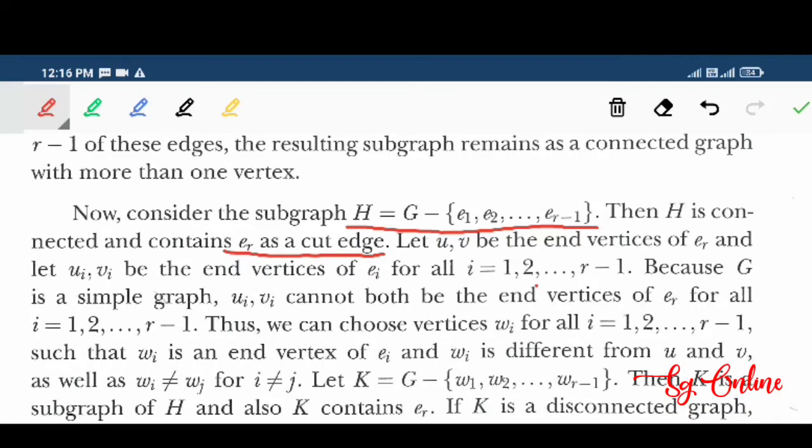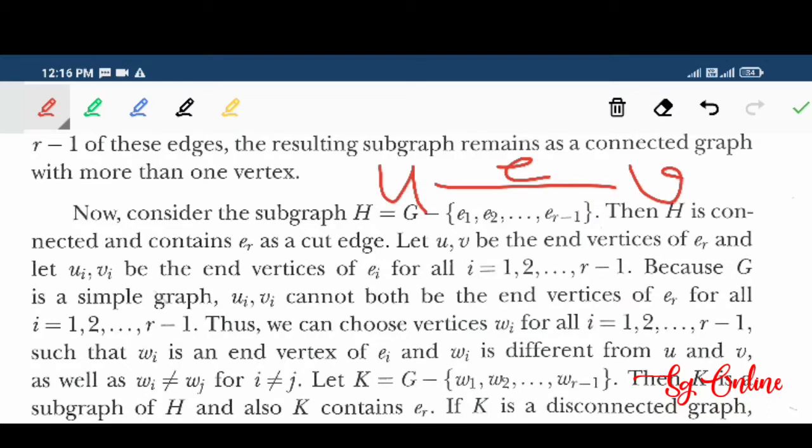The endpoints of E1, E2 up to ER minus 1, but none of them equal to U and V. You can easily understand, suppose this is the edge E and its endpoints are U and V. For any other edge EI, if EI is completely different from E, that is, not having a common vertex, then both endpoints UI and VI are different from U and V. So I can choose any one of them, which will not be the same as U or V.